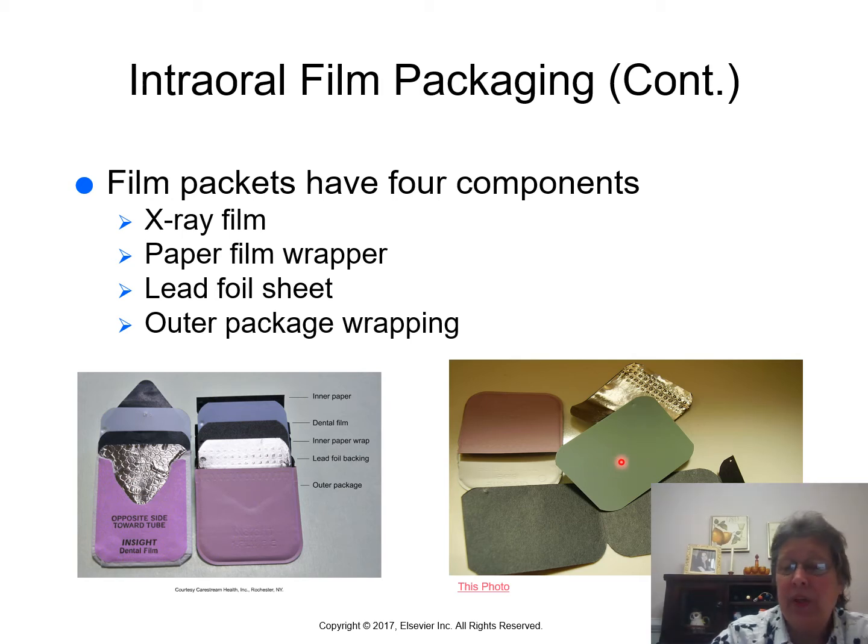That's that 0.2 millimeter plastic base that holds the emulsion, the protective layer. Then we also have a black paper wrapper. This covers the film on both sides. We have a lead foil, and then we have the outer packaging itself. We're going to talk about each one of these parts.